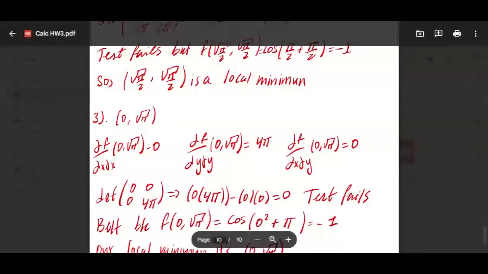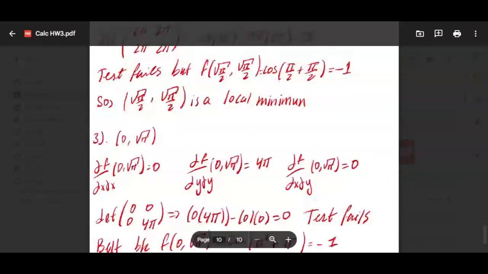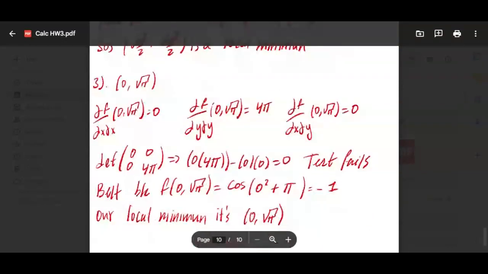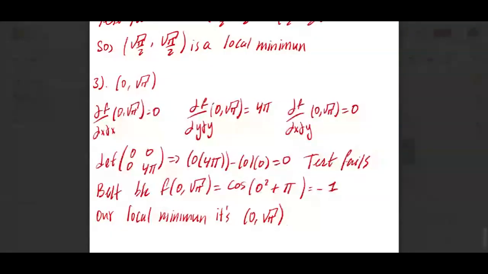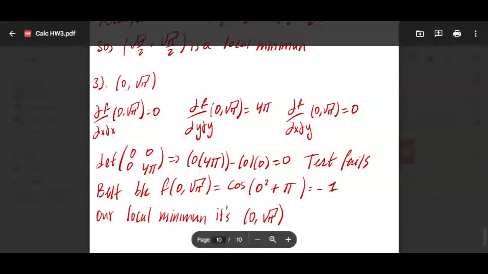You finished? No, I'm just gonna, okay, so then we're gonna do the point 0 comma square root of pi. We apply the same techniques of plugging in, and then I ended up with 0, 4, and then 0.